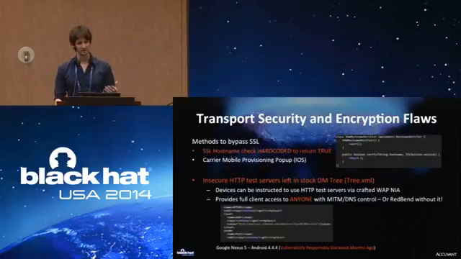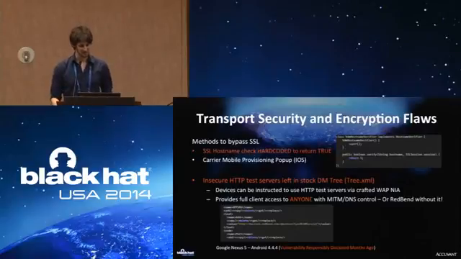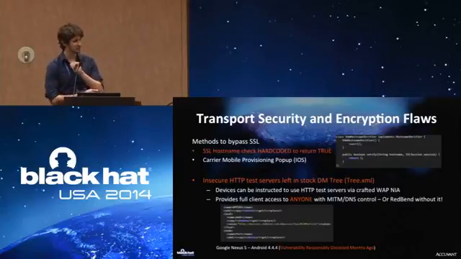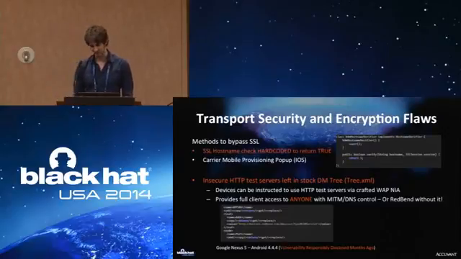By default, you have the secure one using HTTPS, but you can also force it to choose this insecure test server that is using HTTP. So basically, by just sending a WAP message to any device, you would be able to force it to go over HTTP and man-in-the-middle the connection, and that's it. You can just interact as the server and do whatever you want. Yeah. You have as much control as a client on the device.